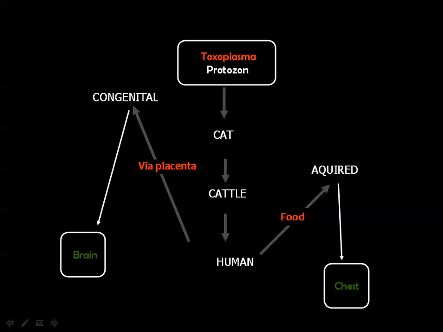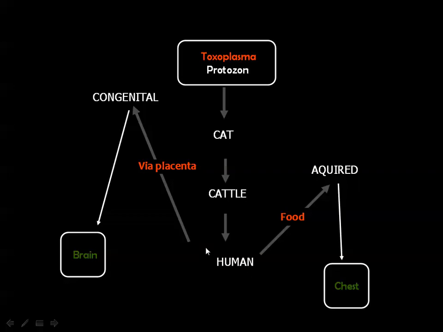And toxoplasma is a protozoon which is usually transmitted to cats, then to cattle, then to the human. If it is transmitted through food, it will result in acquired toxoplasma infection, which will affect the chest.